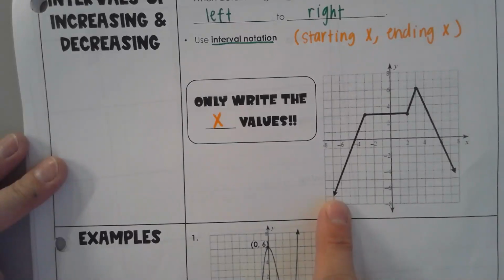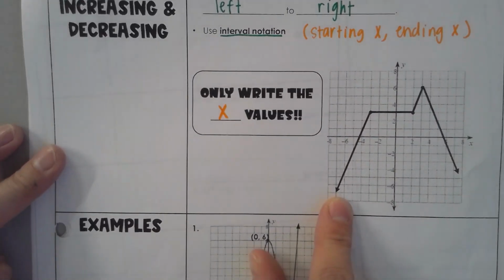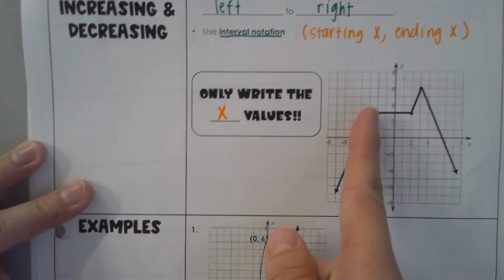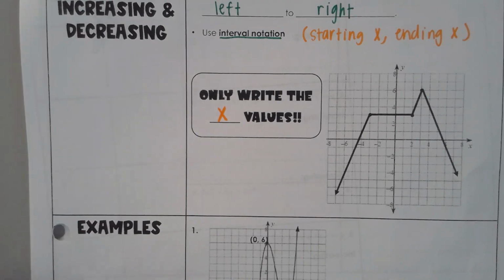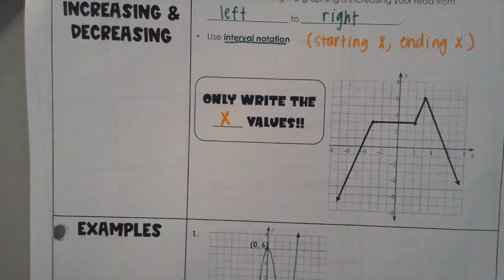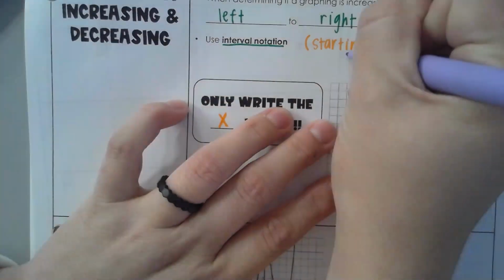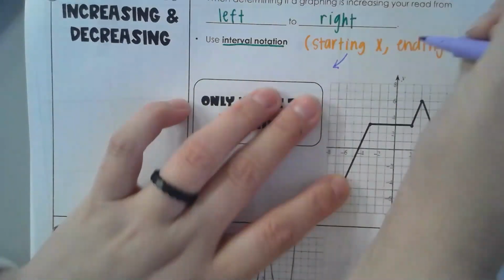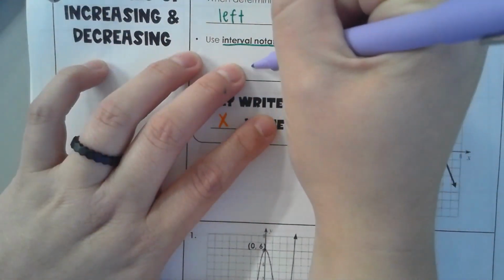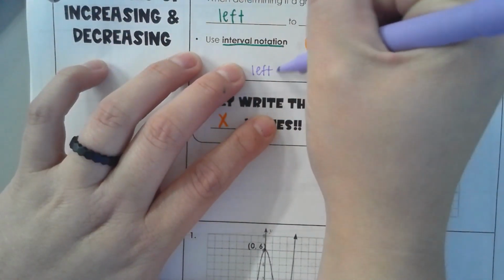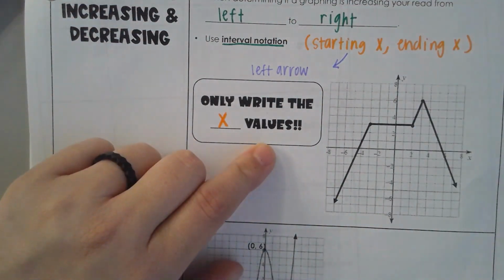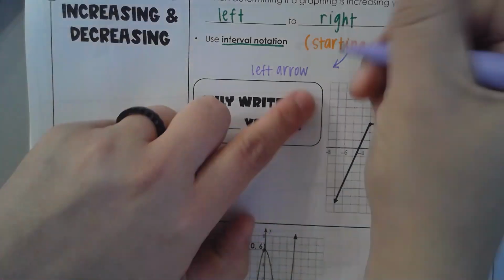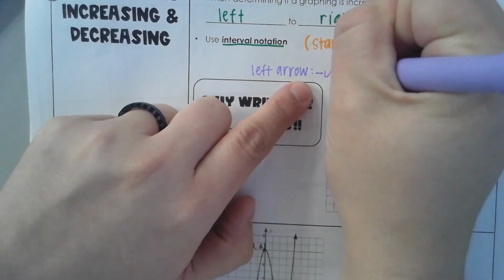Occasionally, you will have an arrow. That arrow really means that this line goes on forever, so you could not find a starting point. If we start at an arrow on the left, you put negative infinity.